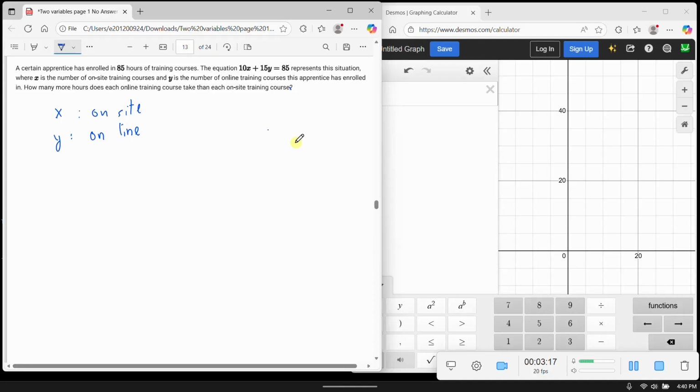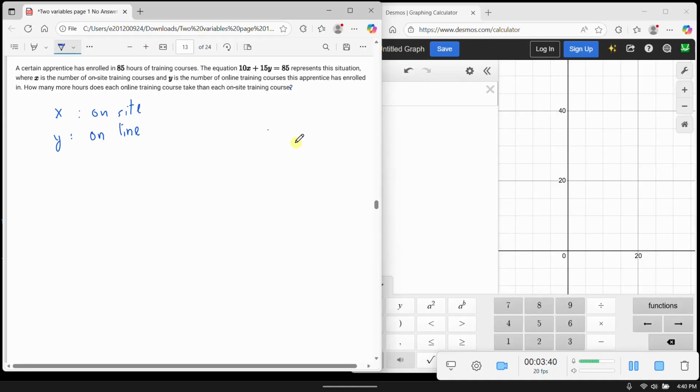So X and Y are the two variables, and they're asking how many more hours each online training course is than on-site. So they want to know how many more hours the online is than the hours from the on-site.